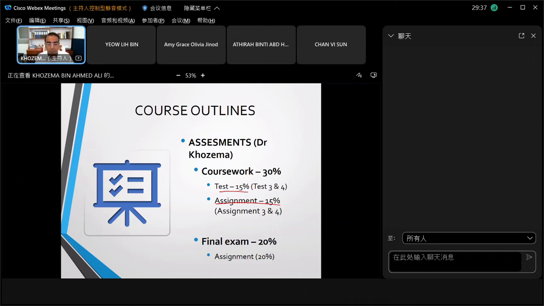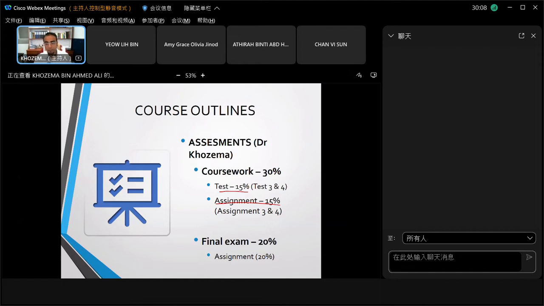It might look like a lot to you, in total 4 assessments. But the reason why we have more assessments is, number one, we want to make sure that you actually understand. All these assessments are basically to test you, to find out whether you understand or not, whether you are able to follow or not.